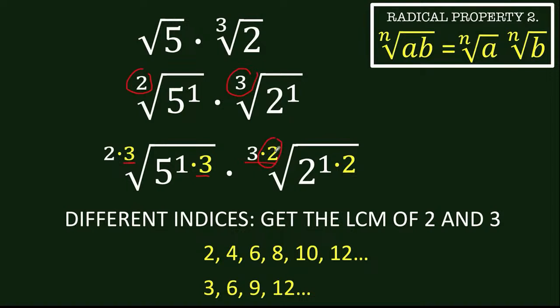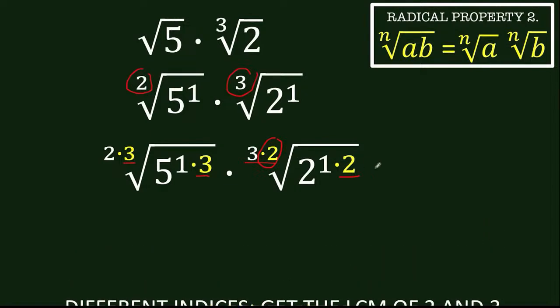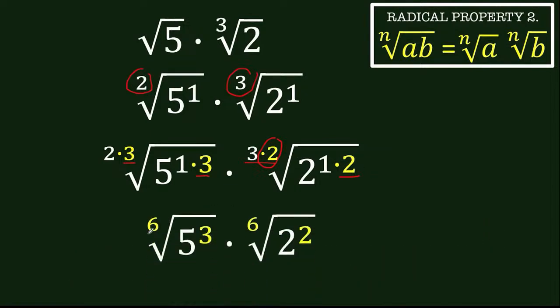And since we multiply the index by 2, we are going to multiply also the exponent by the same number 2. I would like you to see the difference. Here we multiply by 3, both the index and the exponent of the radicand, while here we multiply the index and the exponent of the radicand by 2. And by doing so, we now have the sixth root of 5 cubed times the sixth root of 2 squared.